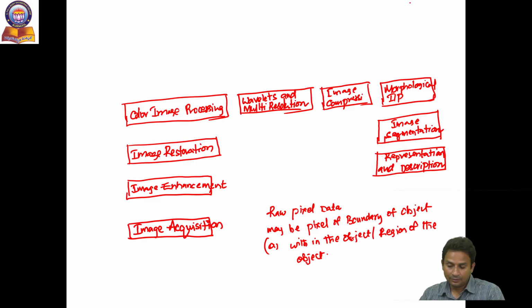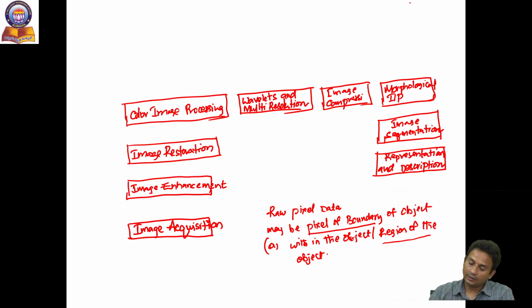Now we need to decide whether this raw pixel data has to be represented as boundary pixels or region pixels, depending on the application at hand. If the application is identifying the shapes of the objects, then representing the segmented output as boundary pixels is a fair choice.